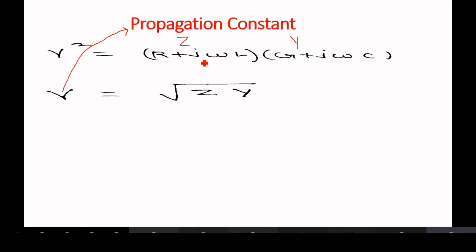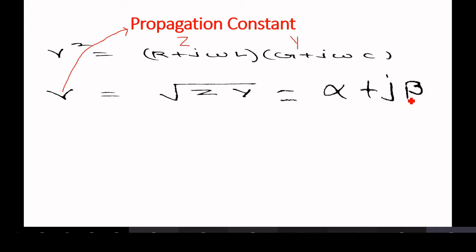Here Z is a complex quantity and Y is also a complex quantity. Both the terms are complex quantities. So gamma, the propagation constant, is also a complex quantity because Z and Y individually are complex quantities.